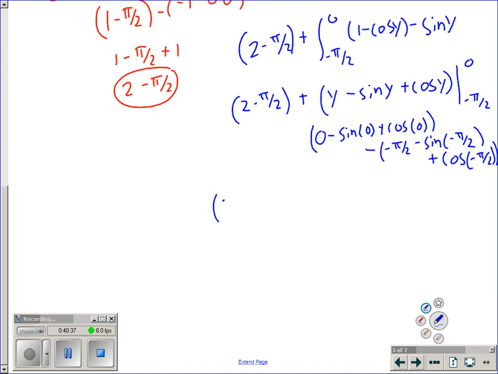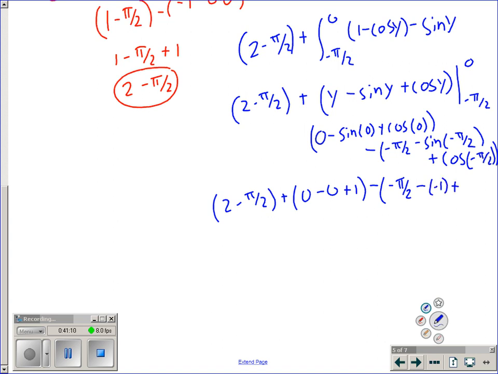So just to keep going, that's 2 minus pi over 2 plus the 0. Sine of 0 is 0. The cosine of 0 is 1. And that's minus, so that's negative pi over 2. And then the sine of negative pi over 2, wouldn't that just be negative 1?